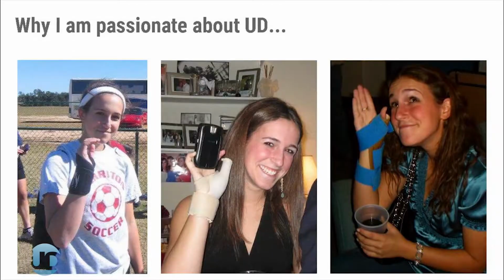So before I jump into all the meat of the presentation, I want to explain a little bit about why I'm so passionate about universal design and why I do this work at Google. As you can see in these pictures, while I was in college, I injured my thumb playing soccer. And no, I know that you're not supposed to use your hands in soccer, but I was a goalie and the repetitive stress caused an injury to my thumb that the doctors just kept applying different splints for.